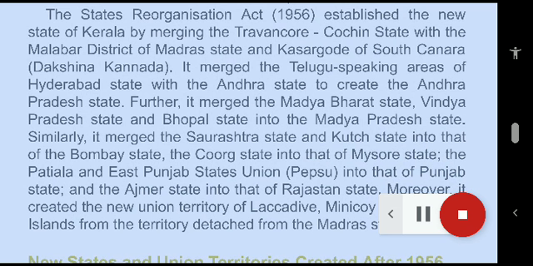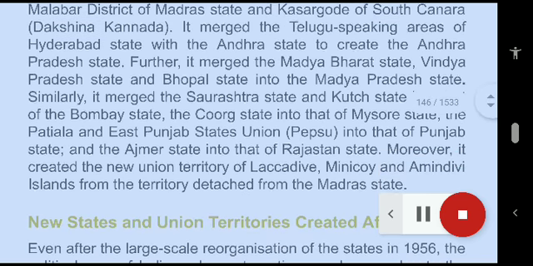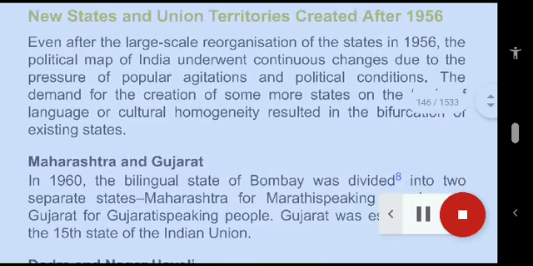Similarly, it merged the Saurashtra state and Kutch state into the Bombay state, the Coorg state into Mysore state, the Patiala and East Punjab States Union, PEPSU, into Punjab state and the Ajmer state into Rajasthan state. Moreover, it created the new union territory of Lakshadweep, Minicoy and Amindivi Islands from the territory detached from the Madras state.